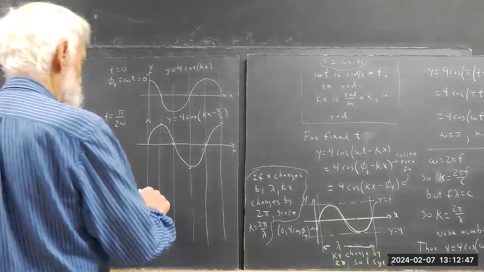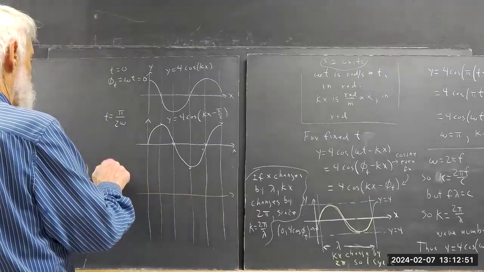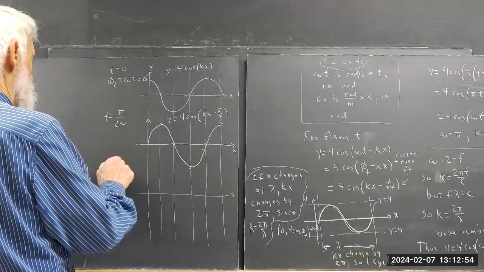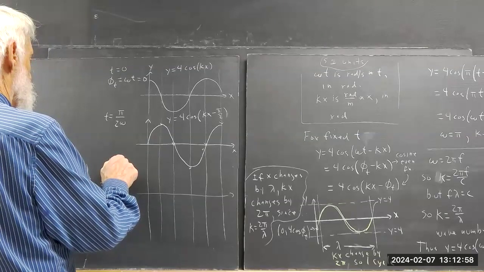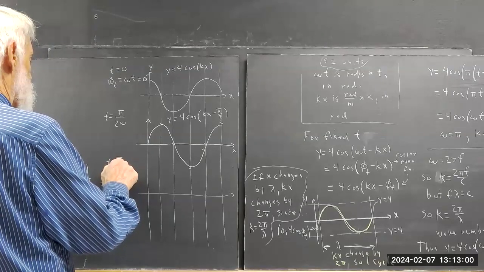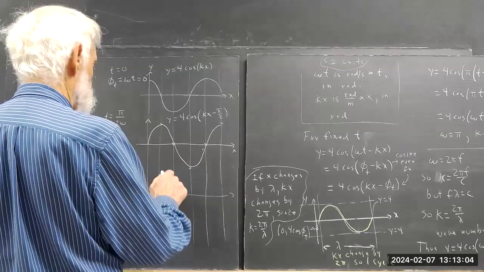If we go to t equals pi over omega, you fill in the details, it's gonna shift right again.